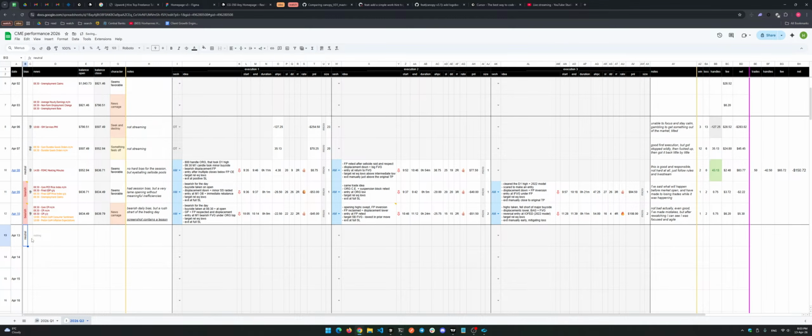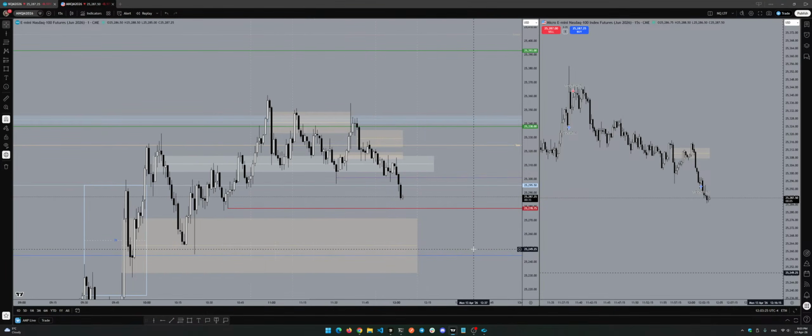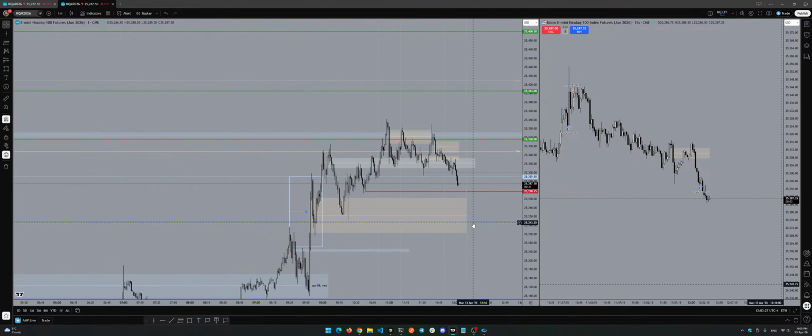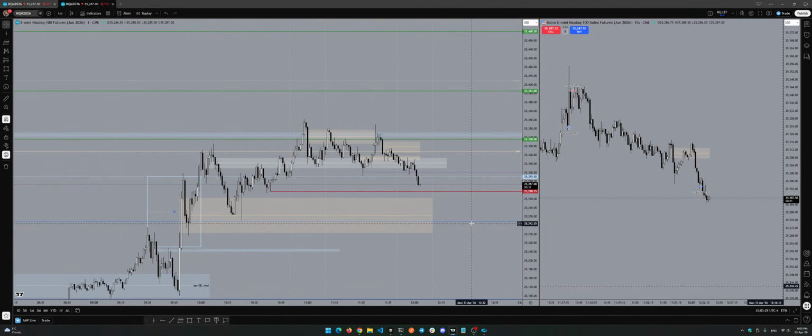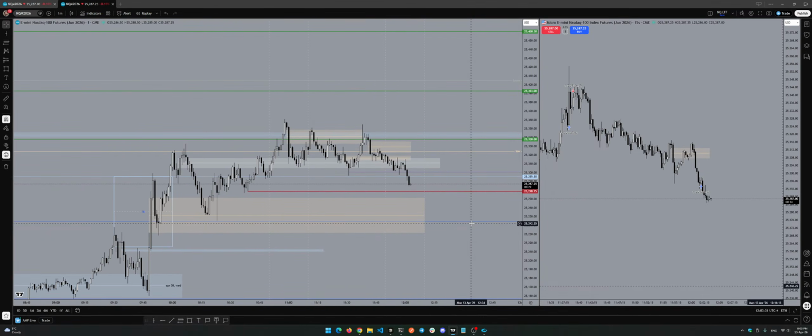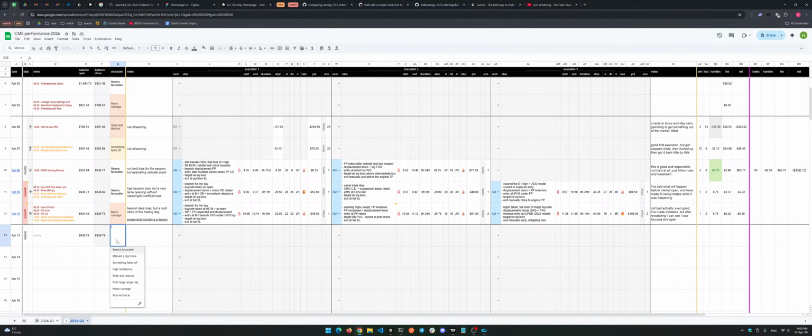Neutral. Is it high resistance? Or is it? Well, it's okayish price action actually. Let's mark it as seems favorable.